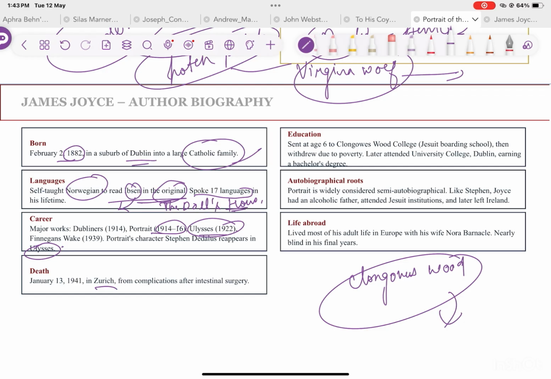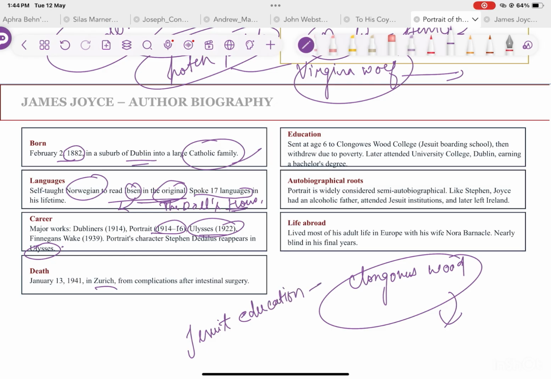So we talk about this modernism and all this, how it was written. So another thing is, what is Jesuit? Jesuit education, a Jesuit institution.